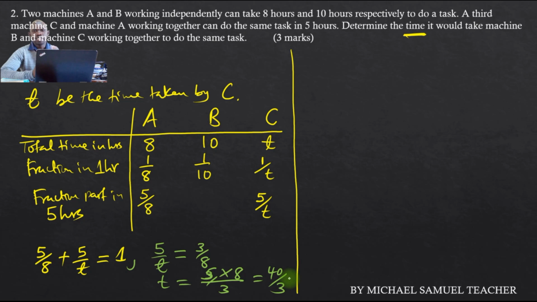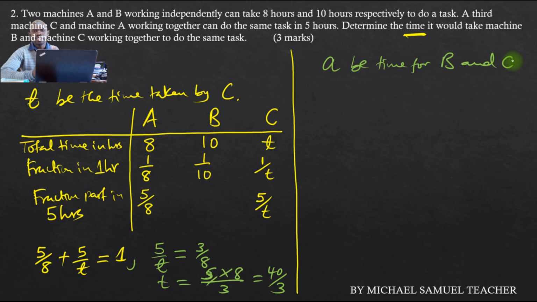We also know that B and C working together take some time to complete the task. That is what the question is asking: determine the time it will take machine B and C working together to do the same task. So let A be the time taken by B and C working together.